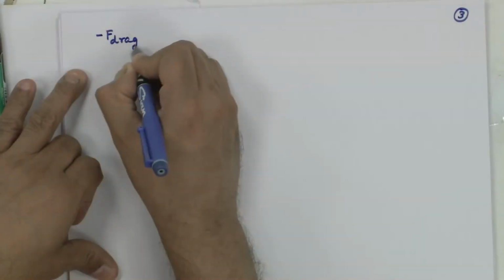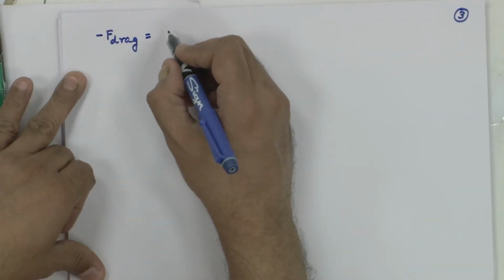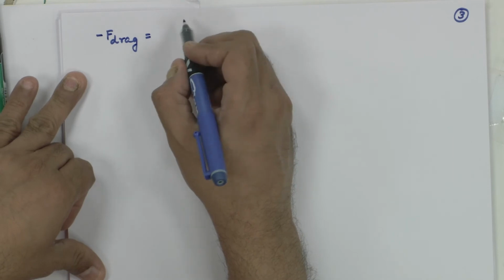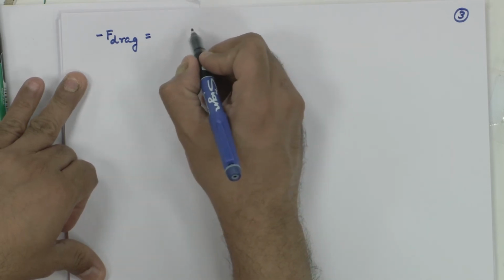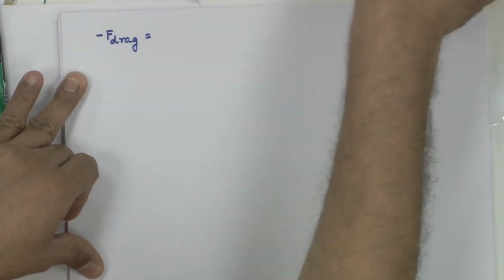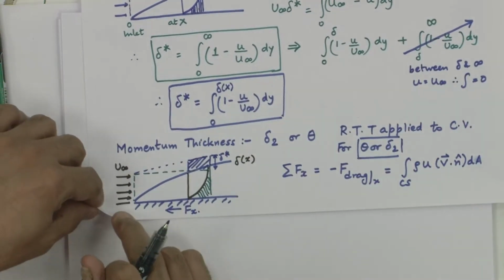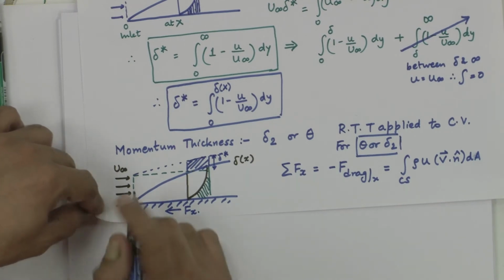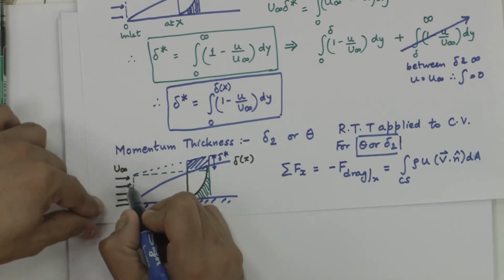So, what are we having? Minus F drag is equal to the integration over the control surface, which is necessarily going to be mass flow rate times the velocity. What is the velocity here? Mass flow rate at the inlet, that is rho u infinity.